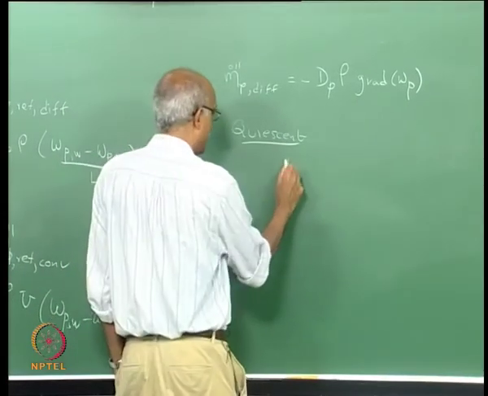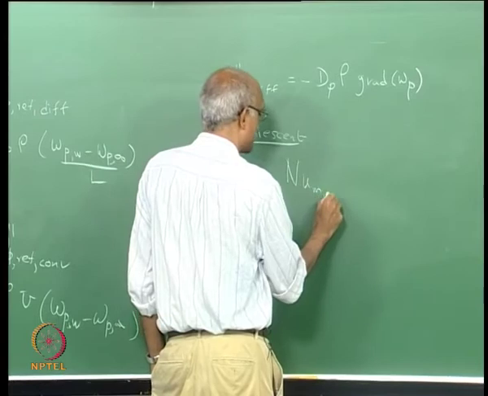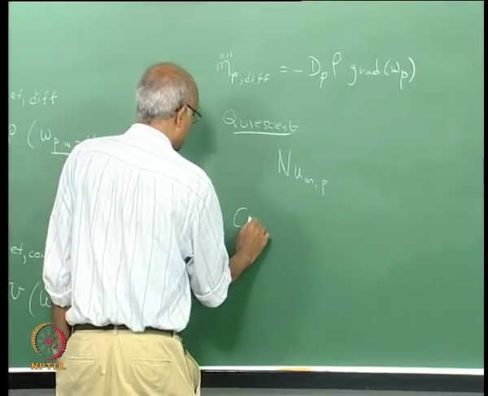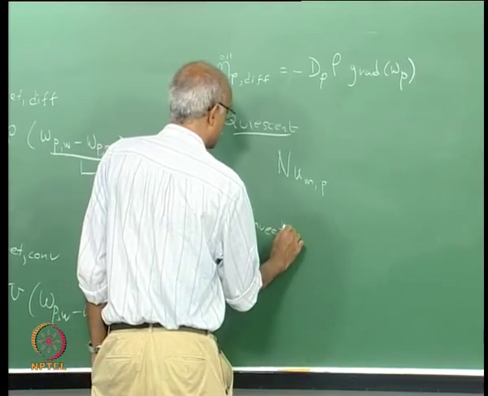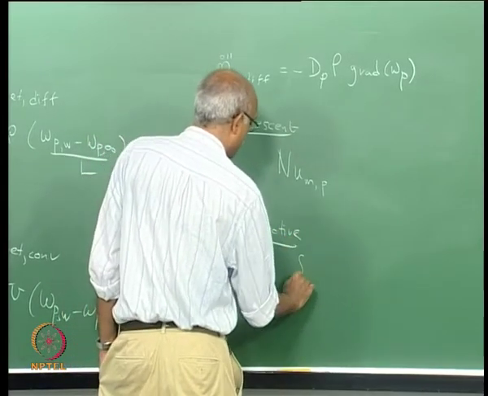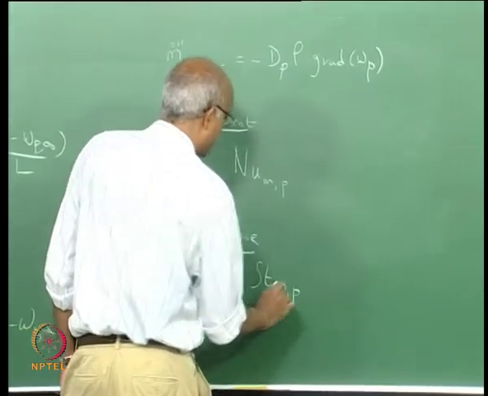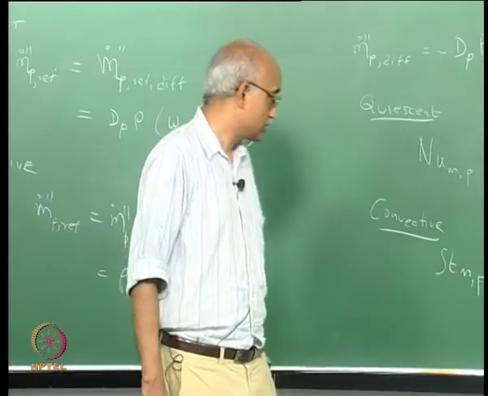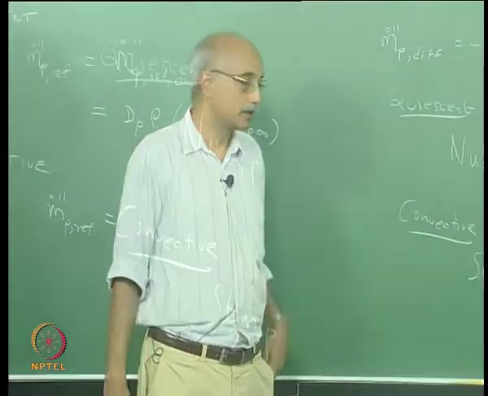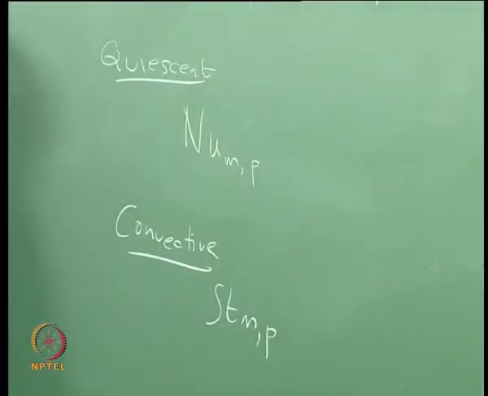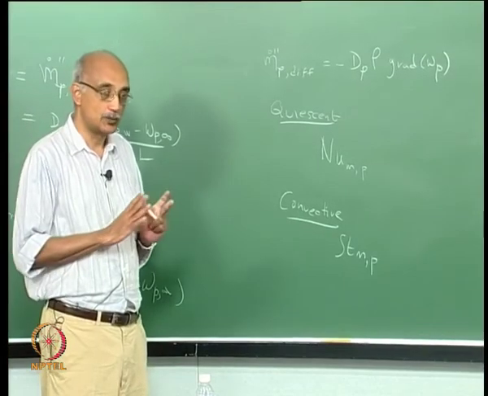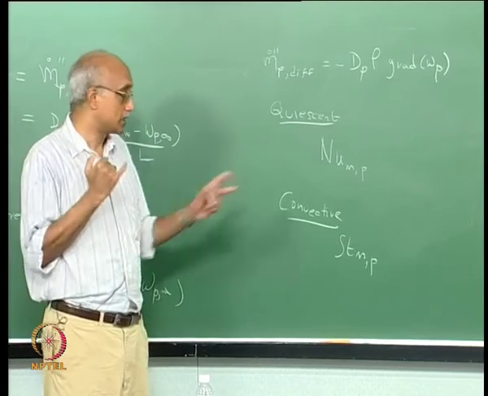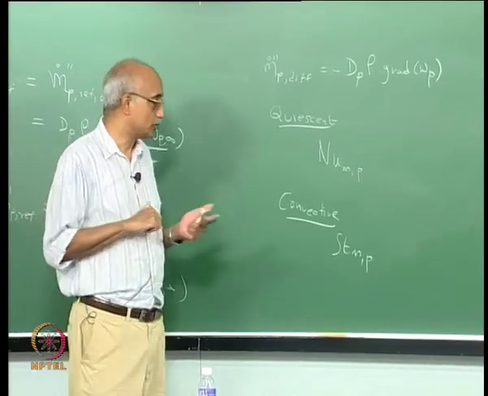So here you will define a Nusselt number for mass transfer for a particle, and in the case of convective, you will define a Stanton number for mass transfer of the particle. The Nusselt number and Stanton number are critical non-dimensional parameters that govern transport properties and fluxes of particles in systems. So we'll come back to this in the next lecture and discuss in more detail.